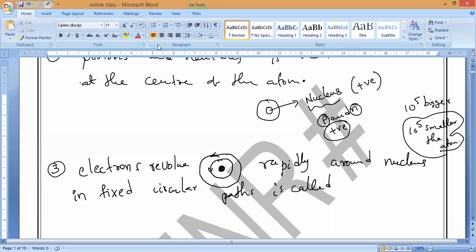The circular paths are called orbits or shells, or we can say energy levels.